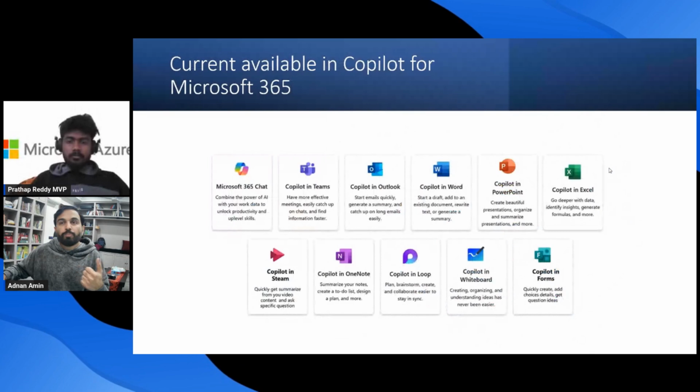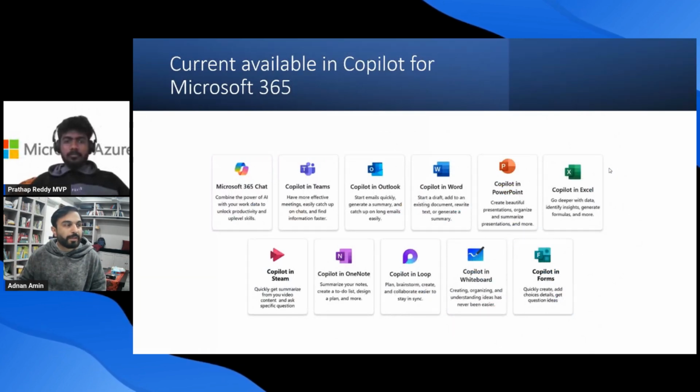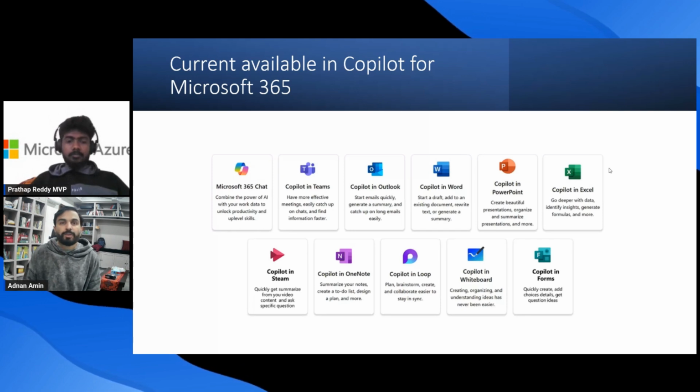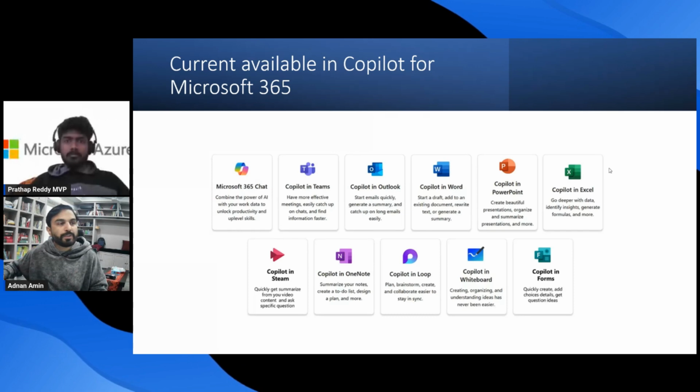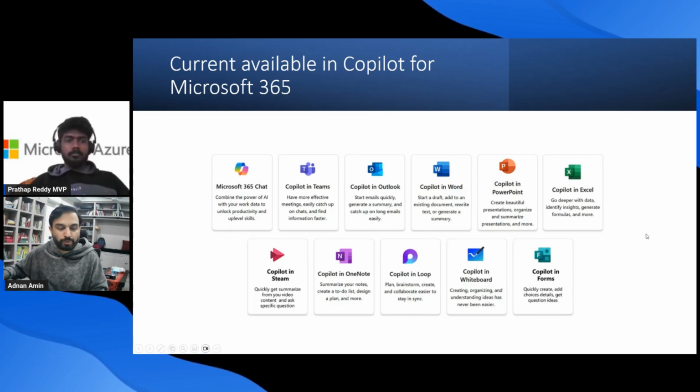These are the different Copilots which are available from Microsoft 365 today. Most of you already have experience with Bing Copilot, in Bing Chat. Everyone is playing with it. Copilot is also available for Office users, and now Copilot Pro is also available for small organizations. These are different Copilots, and I have played with a couple of them so far.